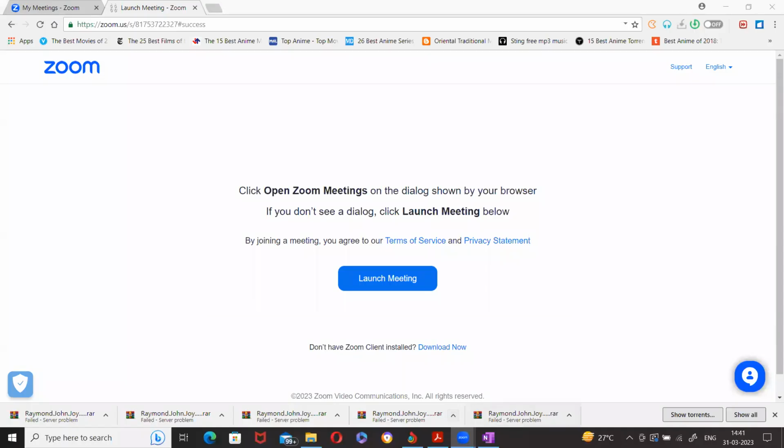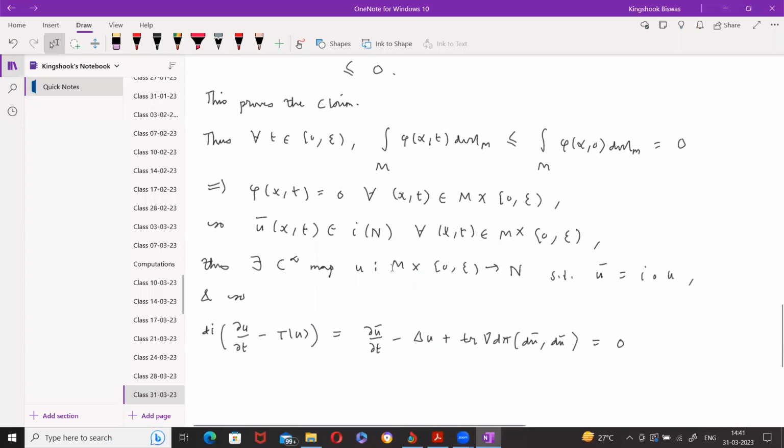So let's continue. We get that this u bar takes values in i of n, and therefore it is equal to i composed u for some smooth map u, which takes values in n.